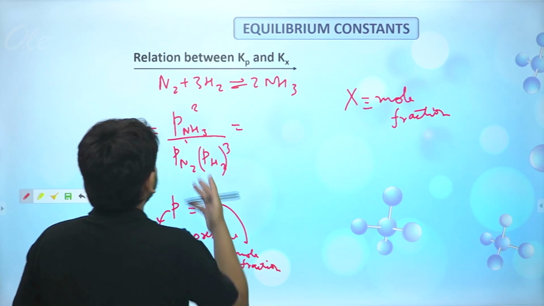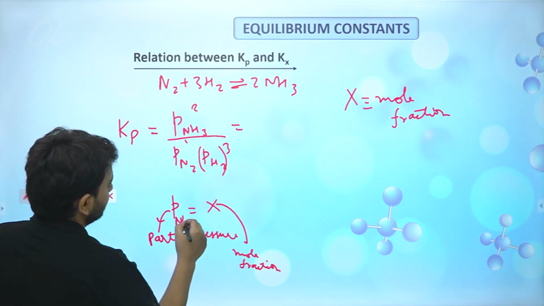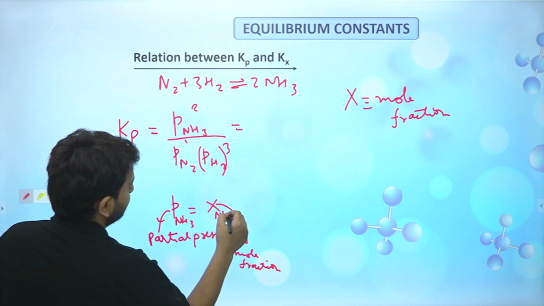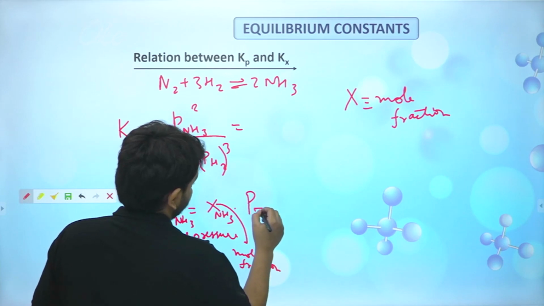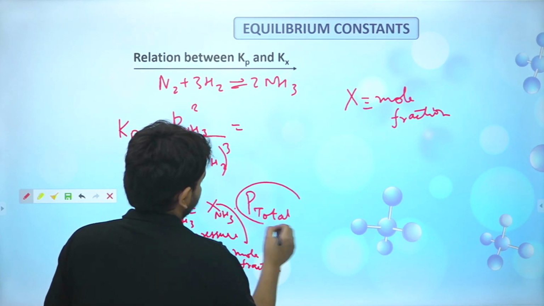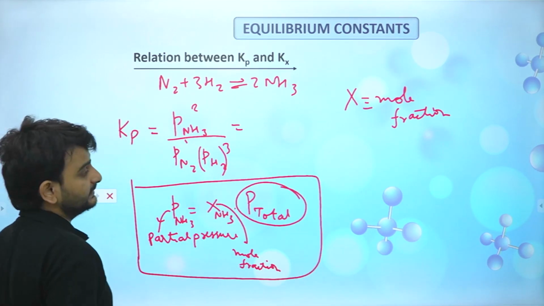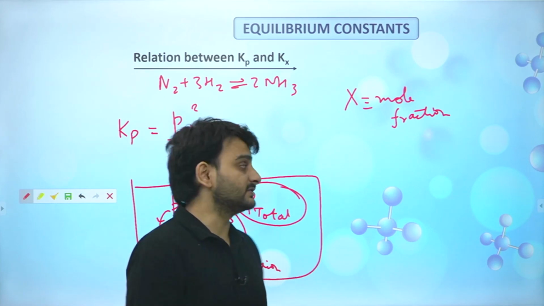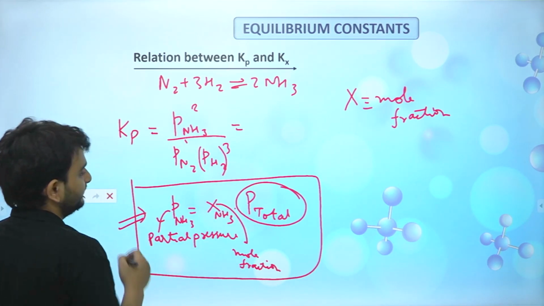Whatever the component, x1, x2, in this case N2, so if you're talking about P of NH3, it will be the mole fraction of NH3 into the total pressure. This is how the partial pressure is defined, and we've studied this in our previous chapters. If you don't know this, please remember this.